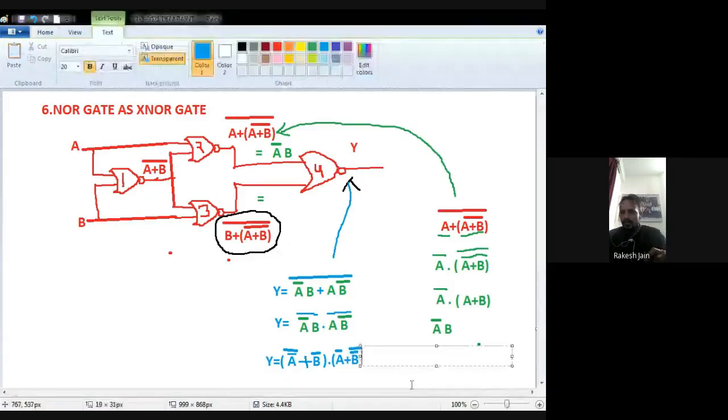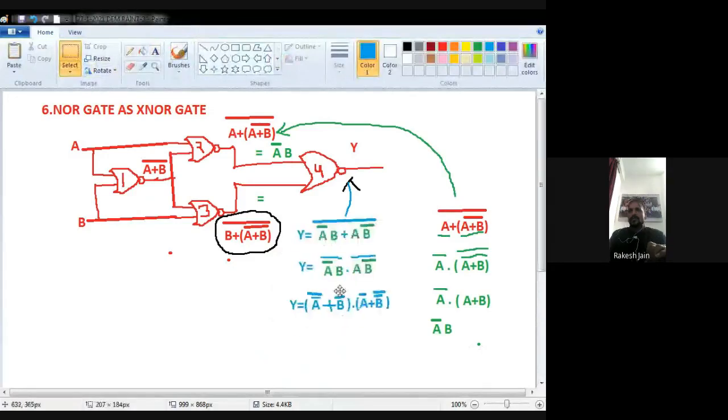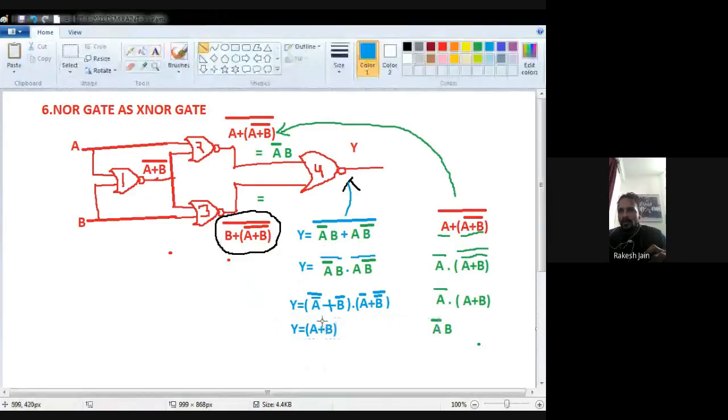Then individually bar them, so first A bar, then B bar. Now see this one, I just move this to the upper side so that you will understand.